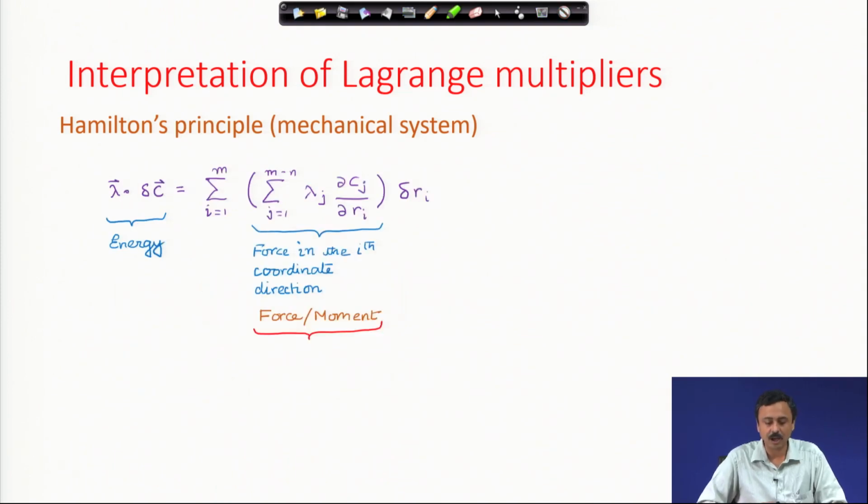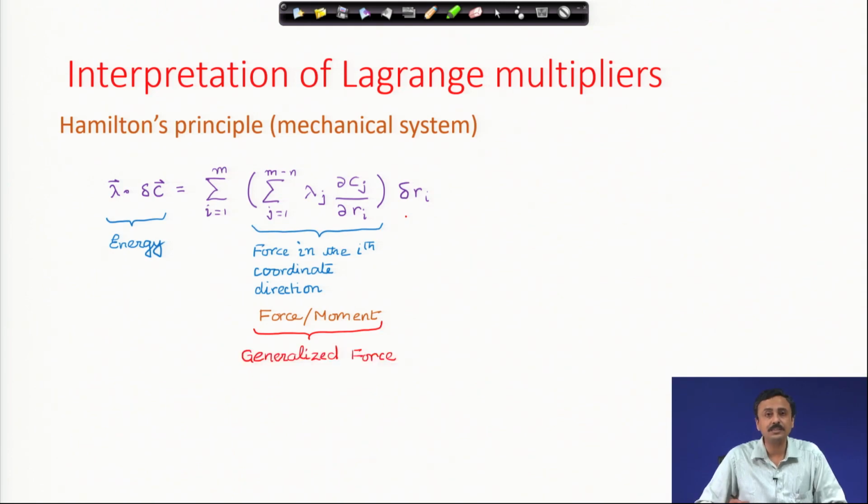So, this is our force, the force along the ith coordinate direction, and it could be a force or a moment. Remember, that depends on whether the coordinate R i is a linear displacement coordinate or an angular displacement coordinate.